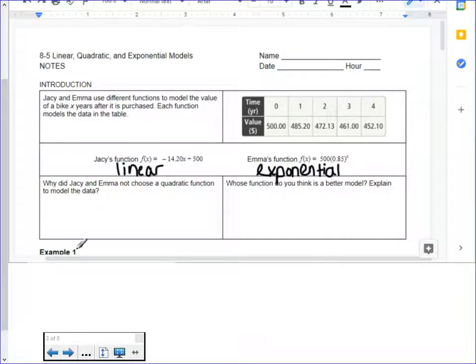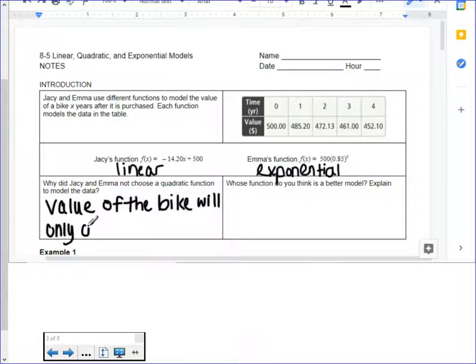So that's what we're going to write right here: the value of the bike will only go down. It's not going to come back up.